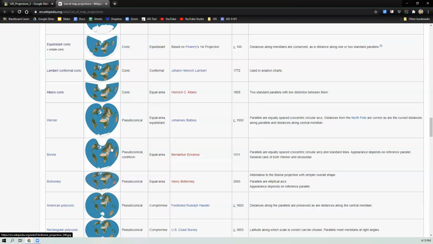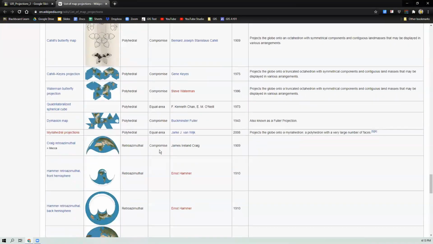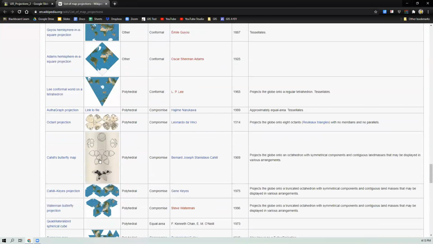So you can understand how the world around your little chunk is being distorted, or even the edges of your little chunk of that map. So I think this is a really helpful resource for visualizing, especially some of the weirder systems, which we're not going to really talk about a whole lot today, but they're fun, especially this Waterman butterfly.